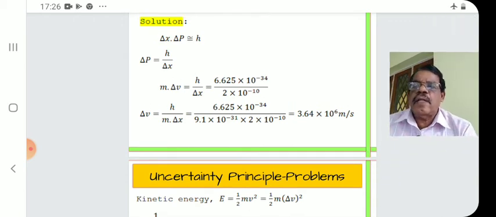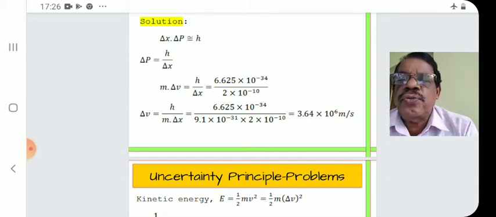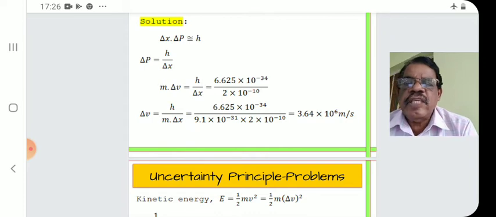We repeat the answer. Delta x into delta p is equal to h. Delta p is h by delta x. m delta v is h by delta x, equal to 6.625 into 10 raised to minus 34 by 2 into 10 raised to minus 10. On calculation, we get delta v is equal to 3.64 into 10 raised to 6 meter per second.